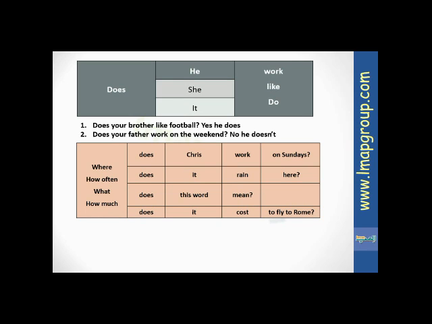Chris یک شنبه ها کجا کار میکنه؟ How often does it rain here? اینجا هر چند وقت یک بار بارون میباره. What does this word mean؟ این کلمه یعنی چی؟ How much does it cost to fly to Rome؟ چقدر هزینه‌اش میشه که با هواپیما بری به روم.